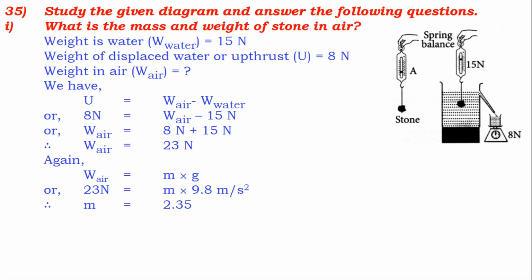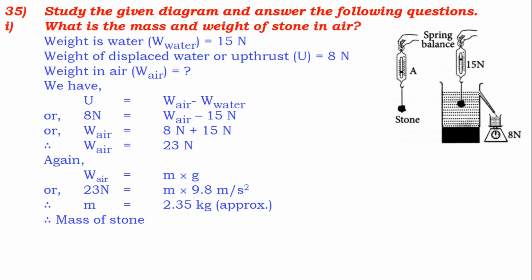Now m can be calculated. Dividing 23 Newton by 9.8 meter per second square, we get 2.35 kilogram approximately. The approximately is written because after 2 digits the other numbers are ignored, and that's why this is approximately 2.35 kg, the mass of that stone.